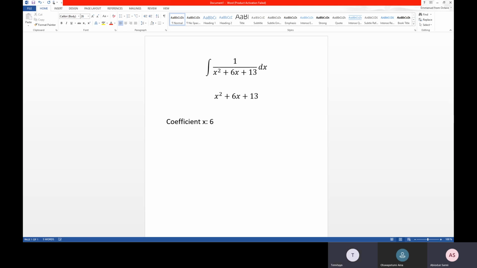Divide that coefficient of x, which is 6, by 2. This is going to give us 3. You are going to square the result.